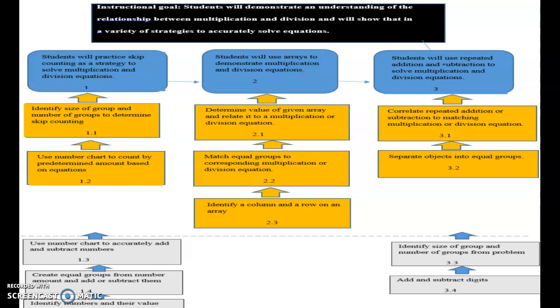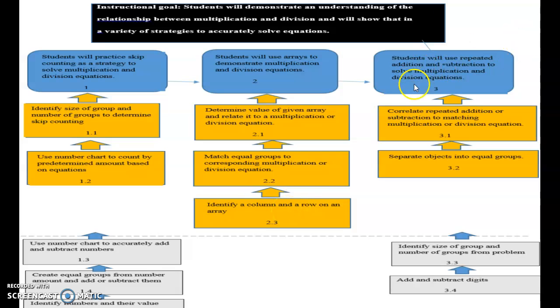So the very first thing they're going to be able to do is determine the value of a given array and relate it to a multiplication or division equation. Also match equal groups to corresponding multiplication or division equations. And the very first skill that they'll start off with in order to reach this objective would be to identify a column and a row on an actual array.